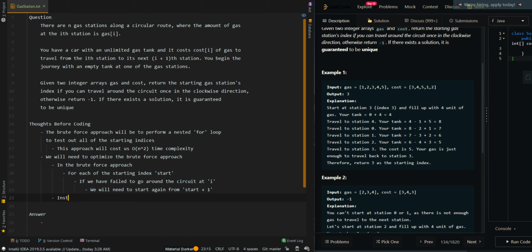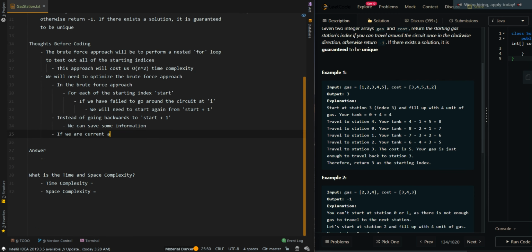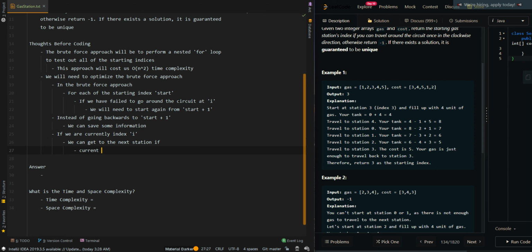Instead of starting again, going backwards to start plus 1, we can save some information about our current routes. If we are currently at index i, we can get to the next station if our current gas minus the cost of the current index is greater than or equal to 0.